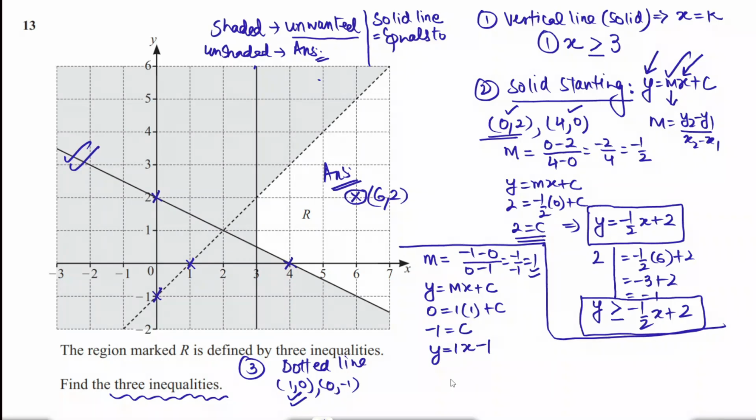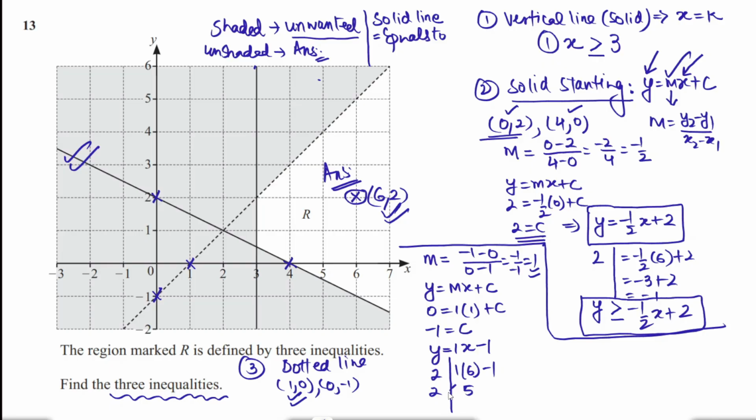Now we have to choose which sign, because it is an inequality. So what sign could be taken here? You take any point from the answer part. That is all unwanted region. This white portion is your required answer. So let us take the same point 6, 2. So y is 2, and let us plug in x equals 6. So this is 2, and this is 6 minus 1, which is 5.